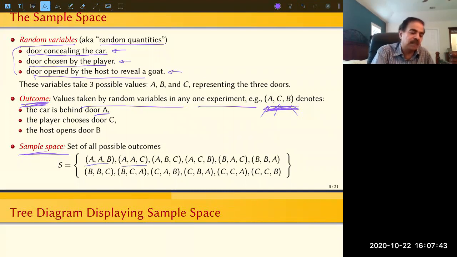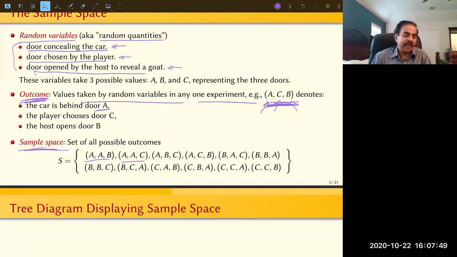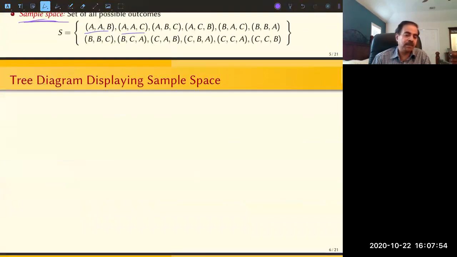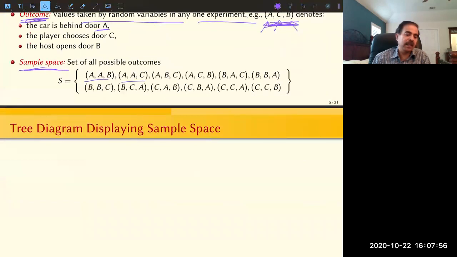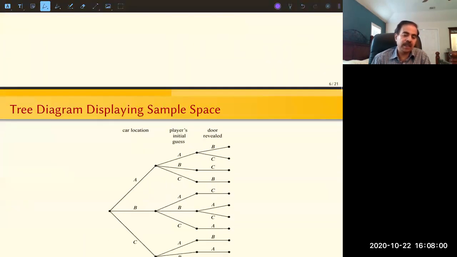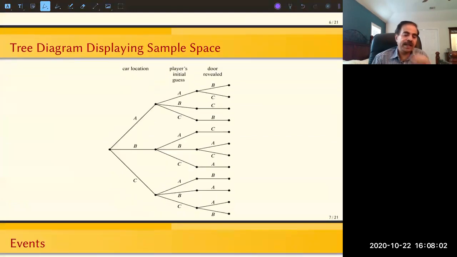So this is all setup to set up the terminology that we'll be using. And then once we do that, we are going to use a kind of a tree diagram to display the sample space, okay? So here is a tree diagram showing you the sample space.